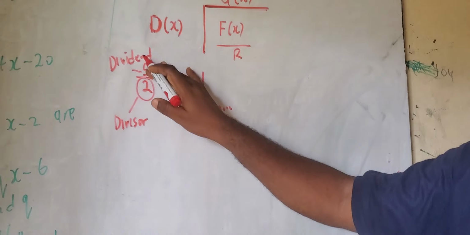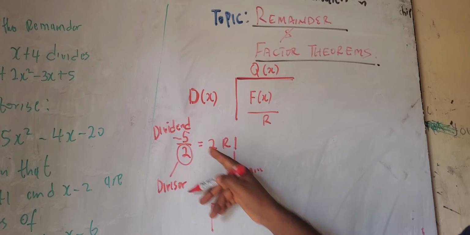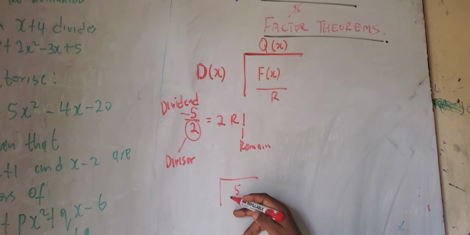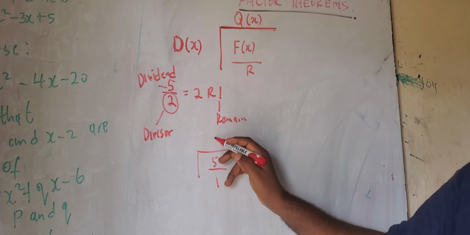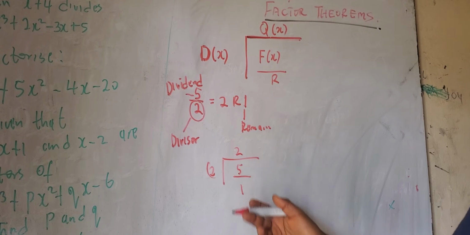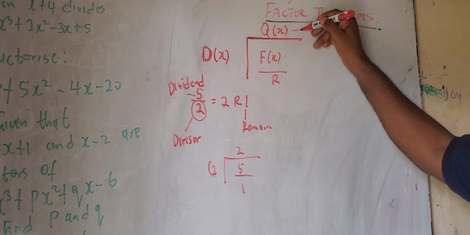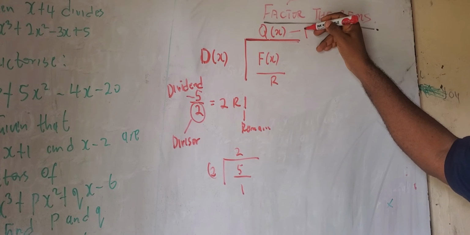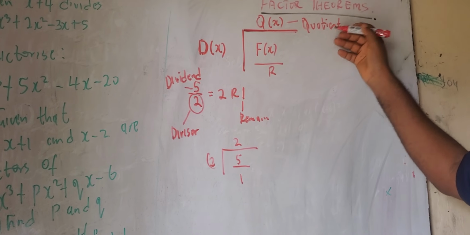So we can write this one in this format like this. This 5 is the one inside here, and the remainder is here. This quotient is the one that is here, and the divisor is this 2 that is here. So that is the line of work. Like I said, this one is called the quotient function.